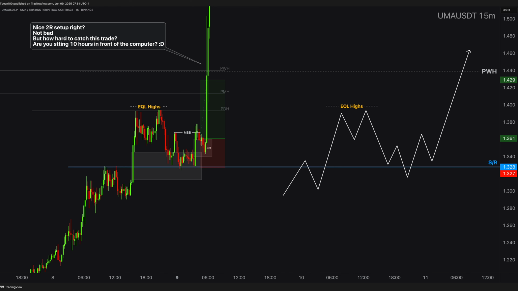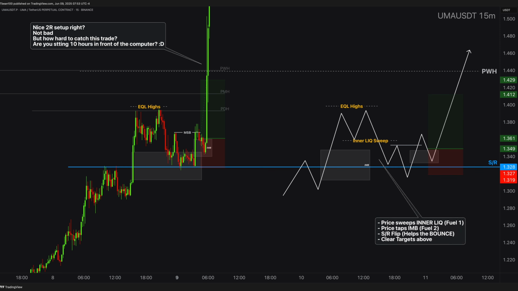Then we noticed the SR flip location combined with an inner 15-minute imbalance. What is it? This gave us an overall entry location to look for opening new trades. So after all that, what happened? An inner liquidity sweep right above the imbalance and SR flip. And then the rest is smart money and price action concepts to trade.